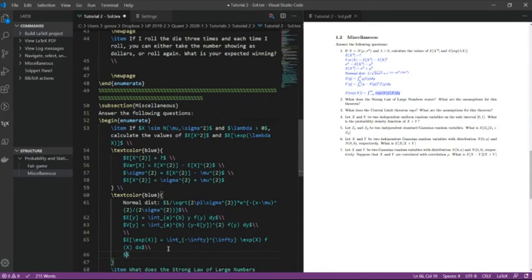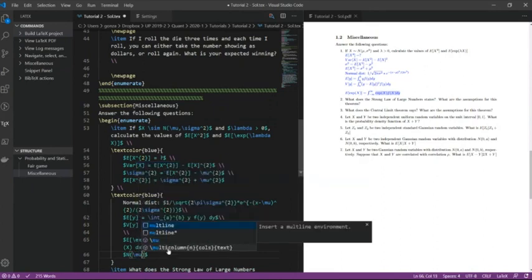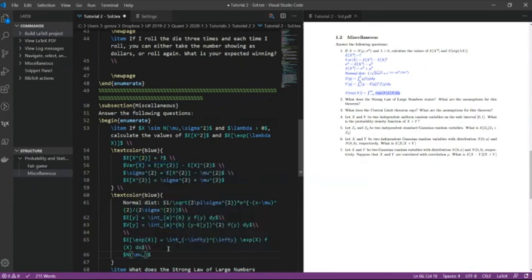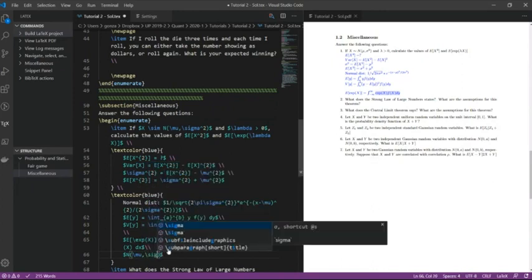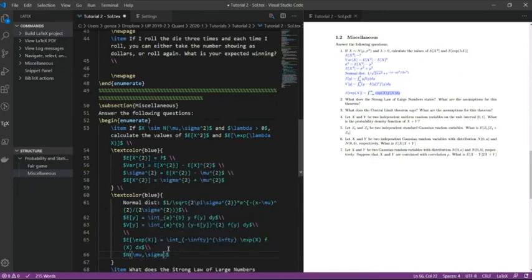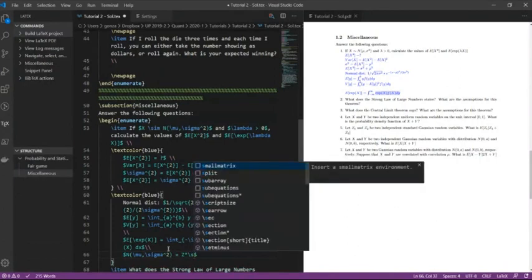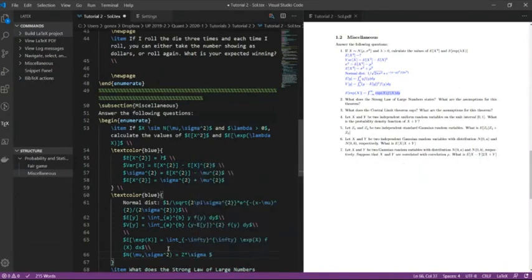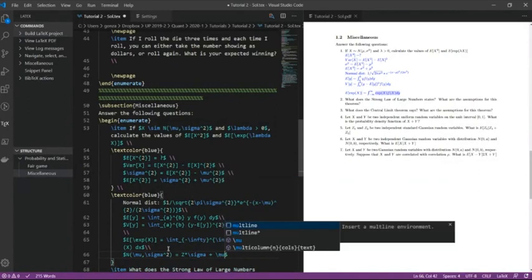So any normal distribution that's just mu, comma, sigma squared is the same as saying a Z distribution, which is a standard normal distribution, times that sigma plus that mu.